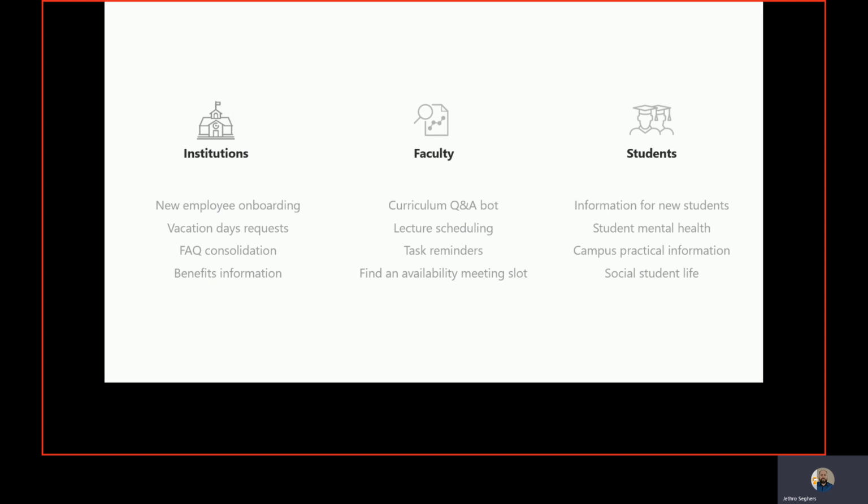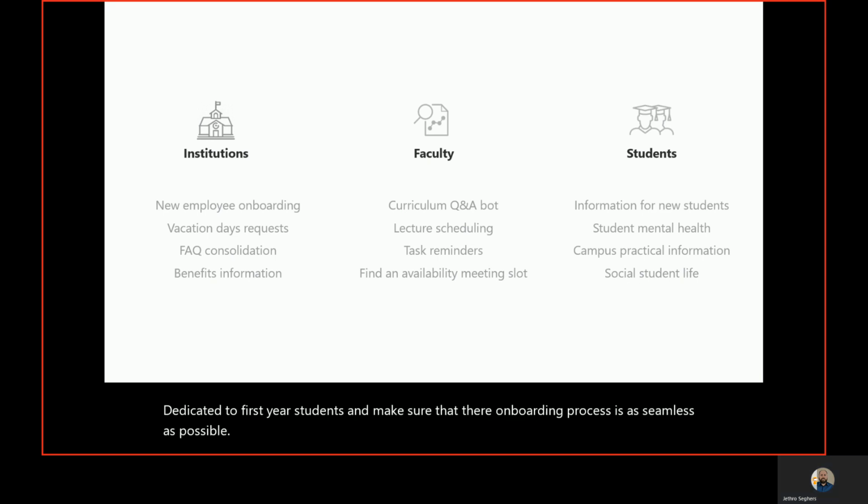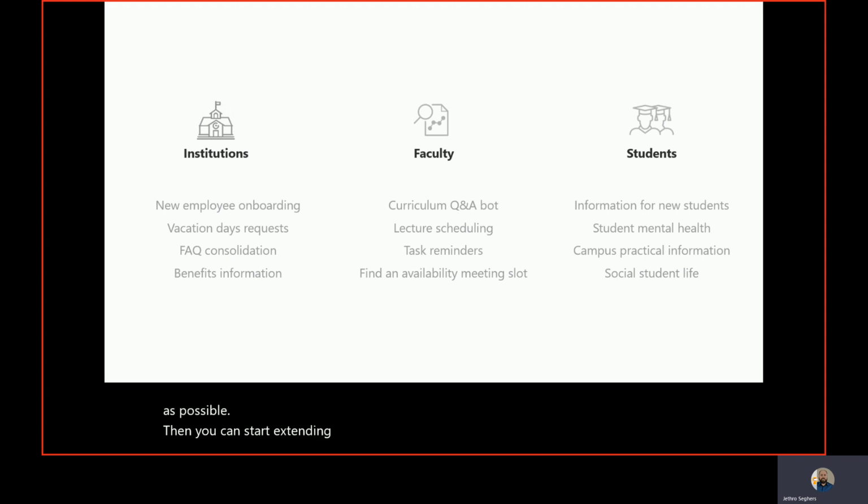So one of the things that we see quite often as a bot scenario is a bot that provides new students with information they might need, dedicated to first year students to make sure that their onboarding process is as seamless as possible. And then you can start extending it, right? We talked about first year students, new students, but you can also provide a lot of campus practical information through bots.